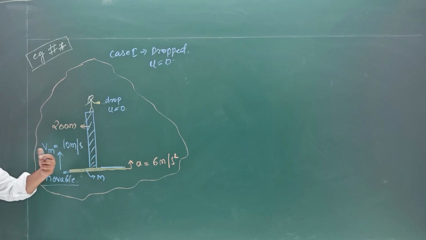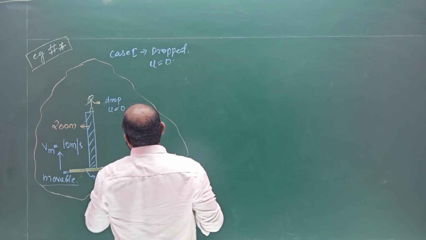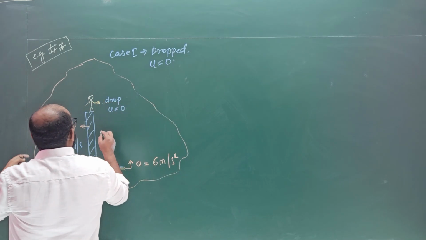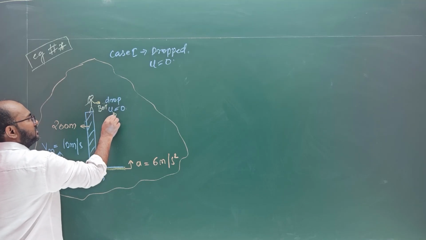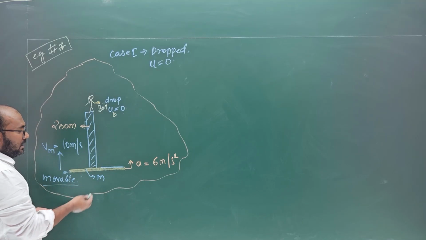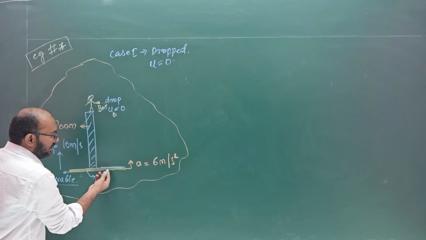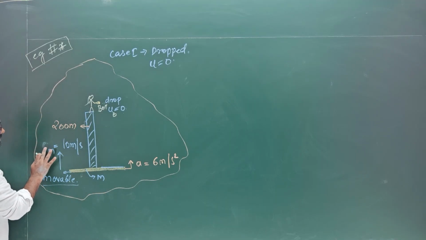10. If I want to write the relative acceleration, let's say this is the ball. So UB is 0. And the escalator we are taking as UM. Okay.